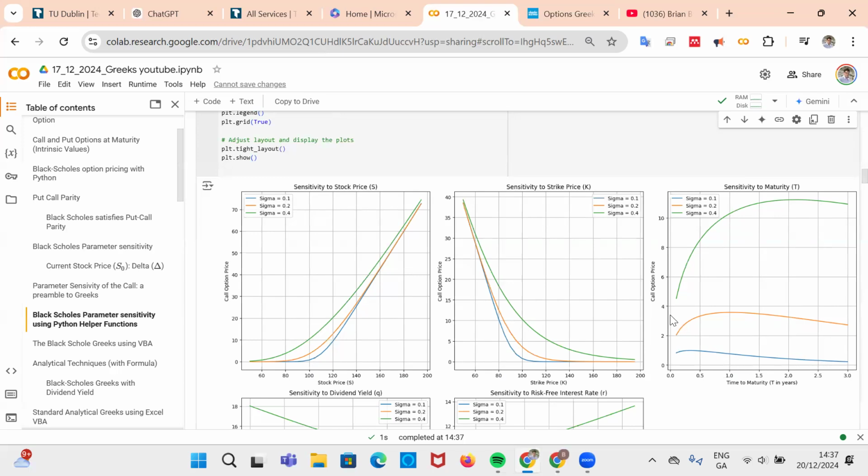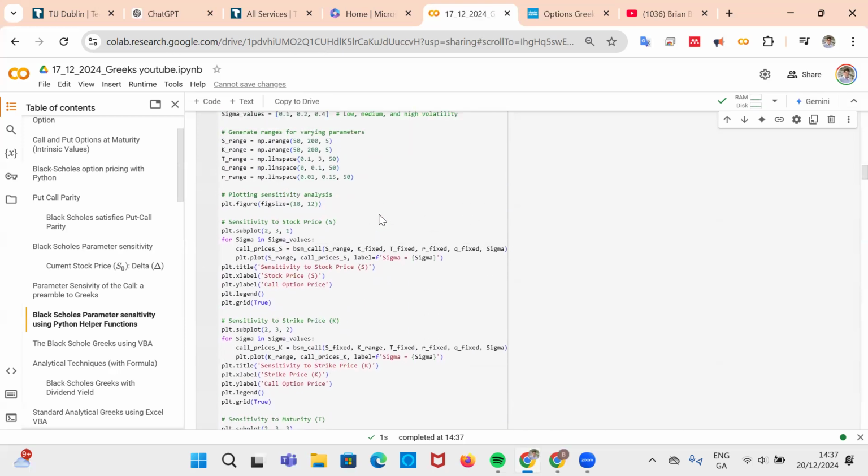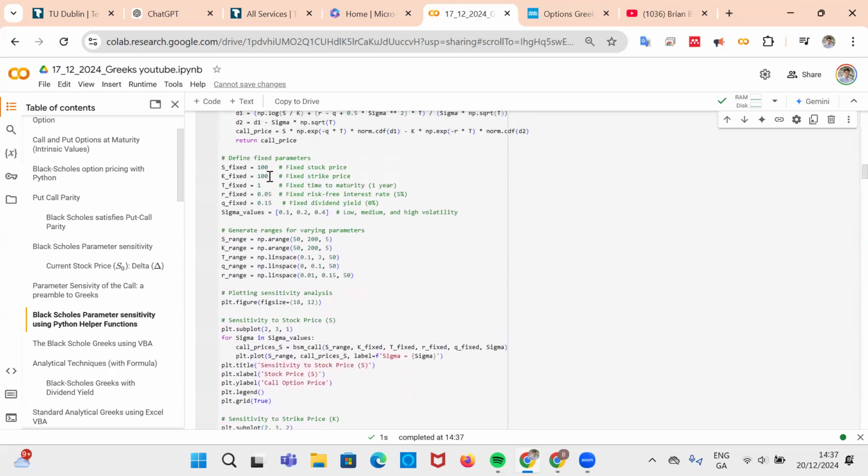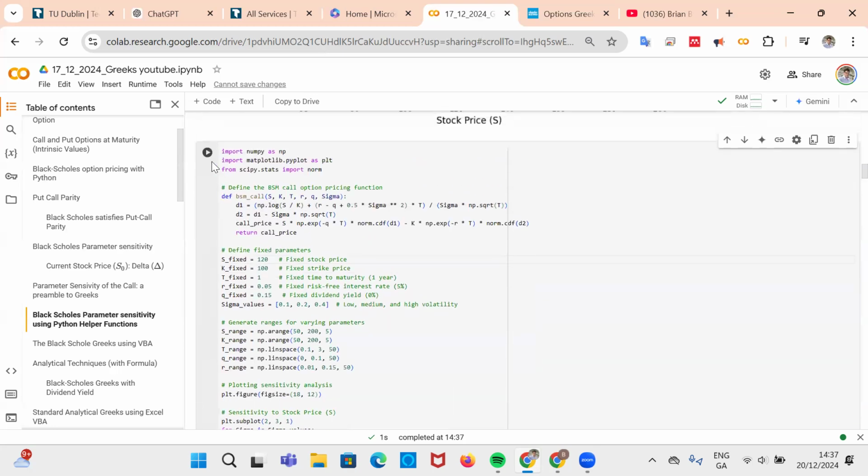That would be more acute. So if we change, how would we do that? I could come back here to, let's say, change for deep in the money option. I'll go 120 and now observe the effect.